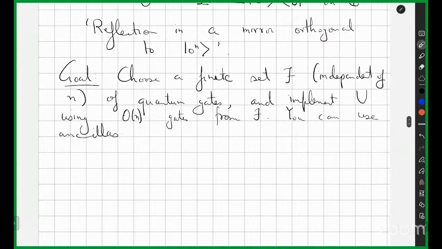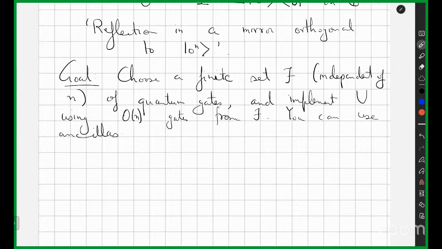Okay. So the simplest thing to do is to just start small, right? So let's try to construct a set of gates as we go. So what about n equal to 1? What is this gate?